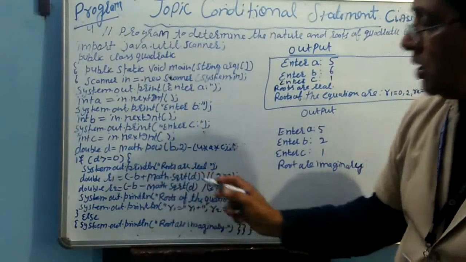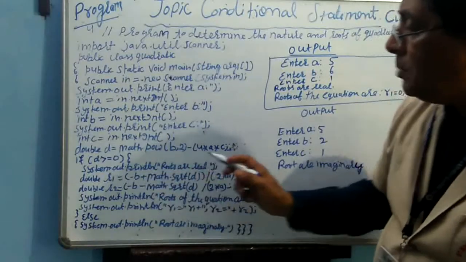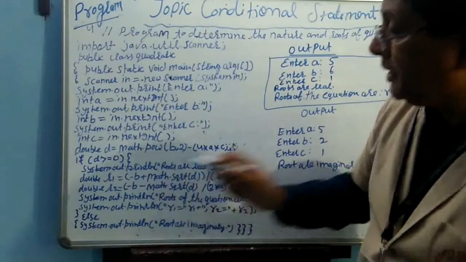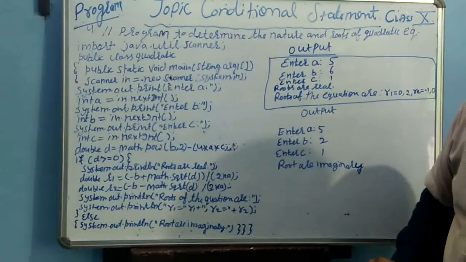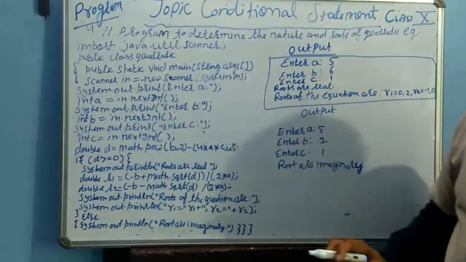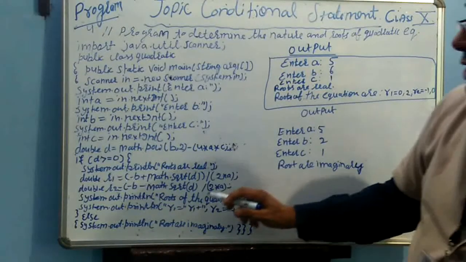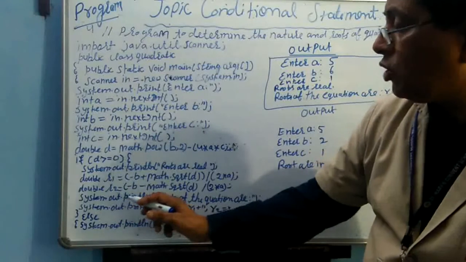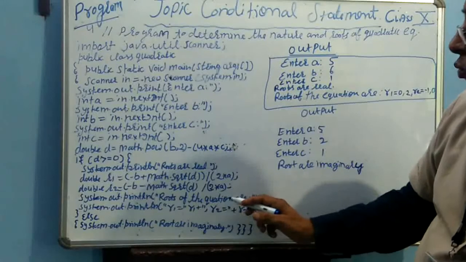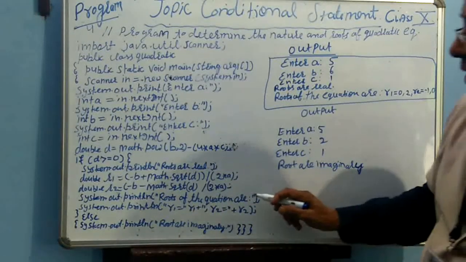After the calculation of the input by the value of a, b and d, then it will calculate the value of r2, and then after that it will display System.out.print roots of the equation are, means that is the heading.